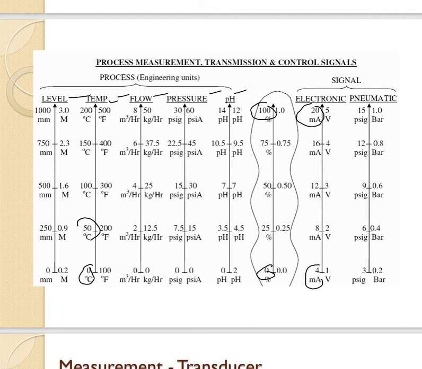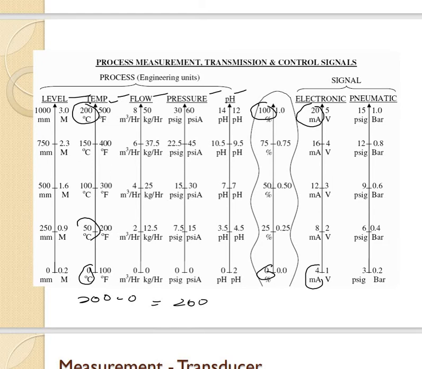Right now 0 is 0 degrees Celsius, the maximum is 200 degrees Celsius. So the span from 0 to 200 is 200. So 25% of 200 is 50 degrees Celsius.